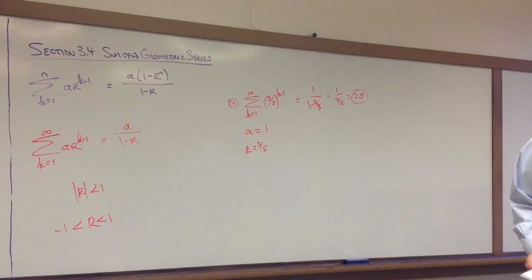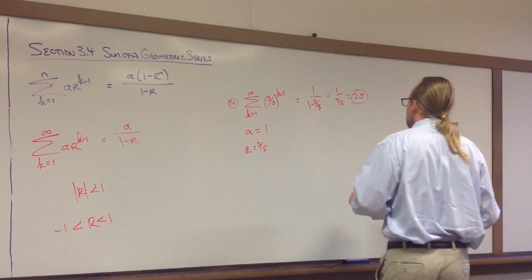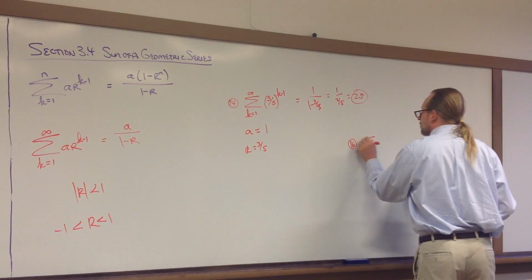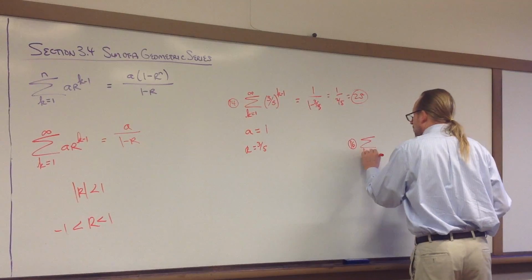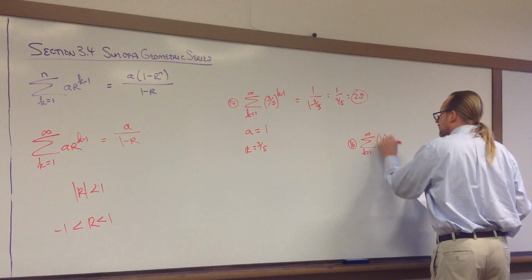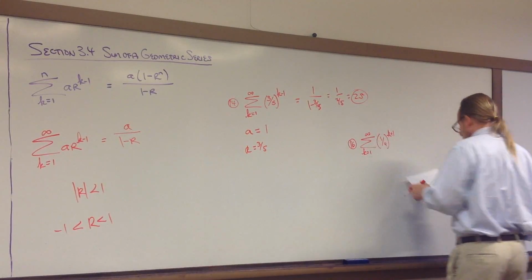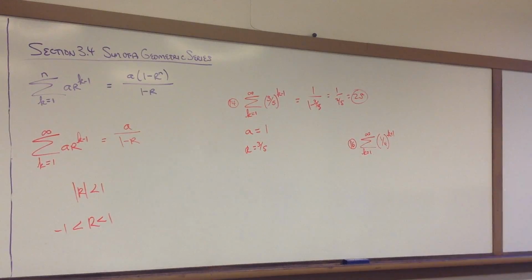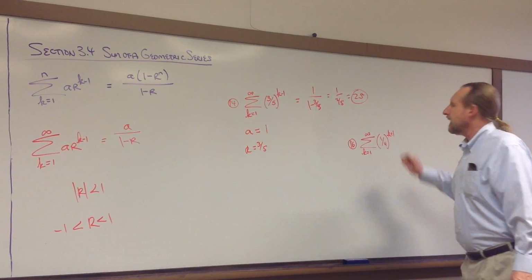All right, problem 16. What do we have here? Sum from 1 to infinity, 1/4 to the k plus 1. Now this is not standard form because our exponent starts with k plus 1.